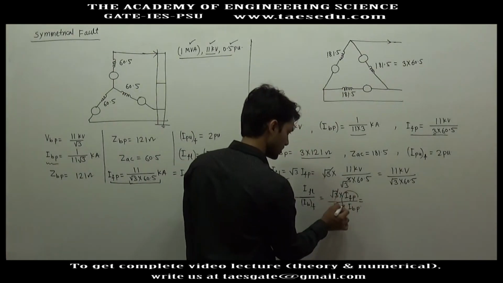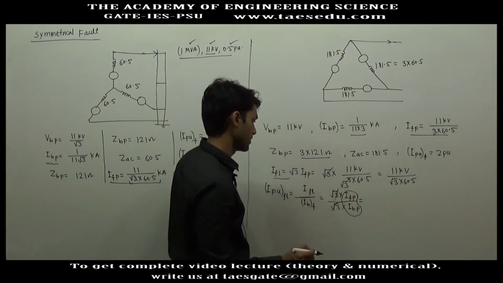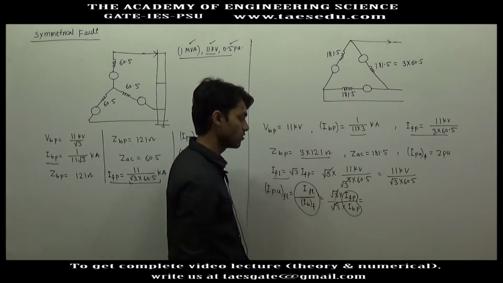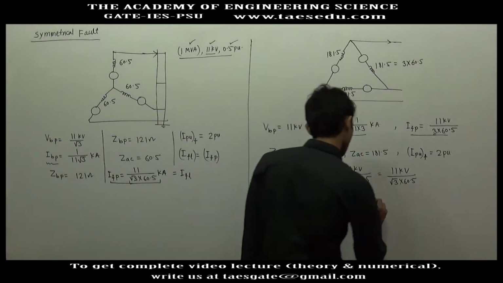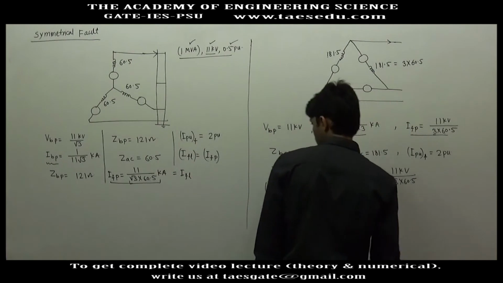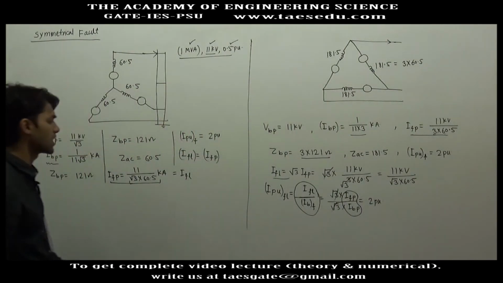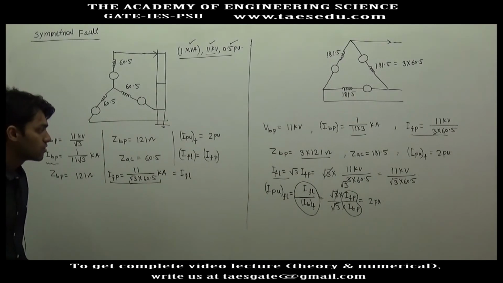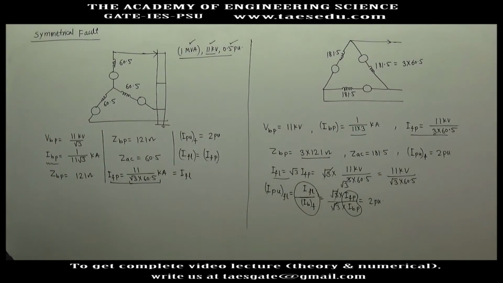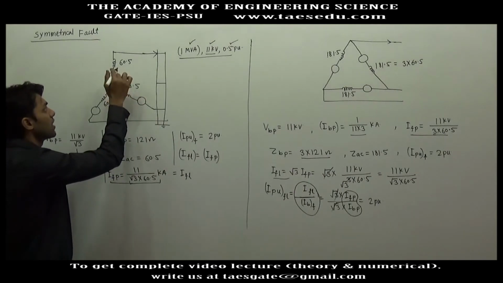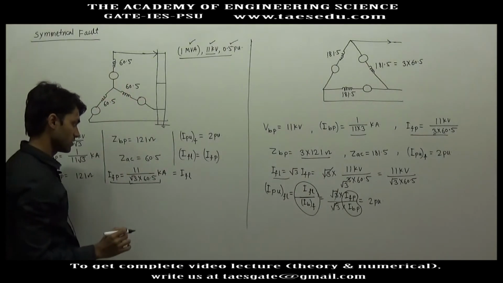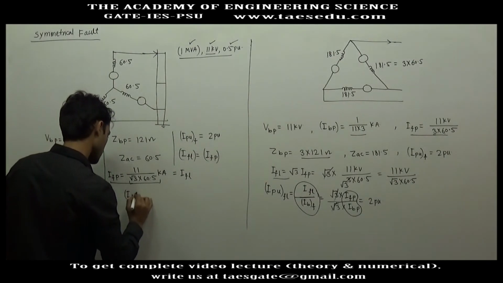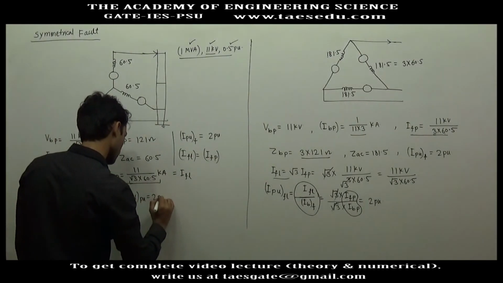This is nothing but the PU value of fault current in phase. So the PU value of fault current in line will be equal to the PU value of fault current in phase, so you will again get 2 PU. And in case of a star connection, there is no need to even see the PU value of fault current in line, because the currents in line and phase are always the same in a star. So the PU value of fault current in line will be 2 PU only.